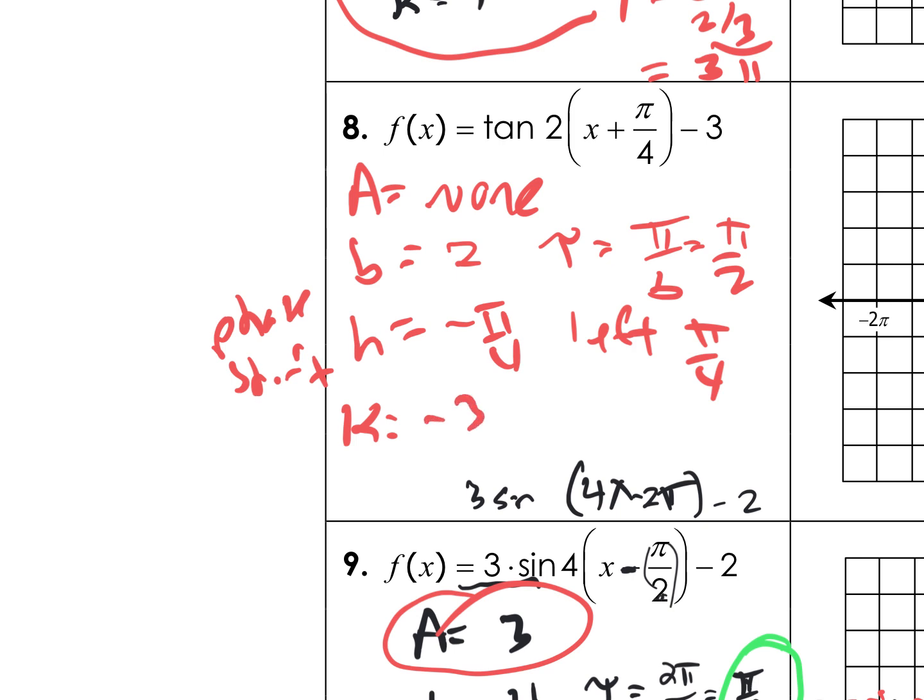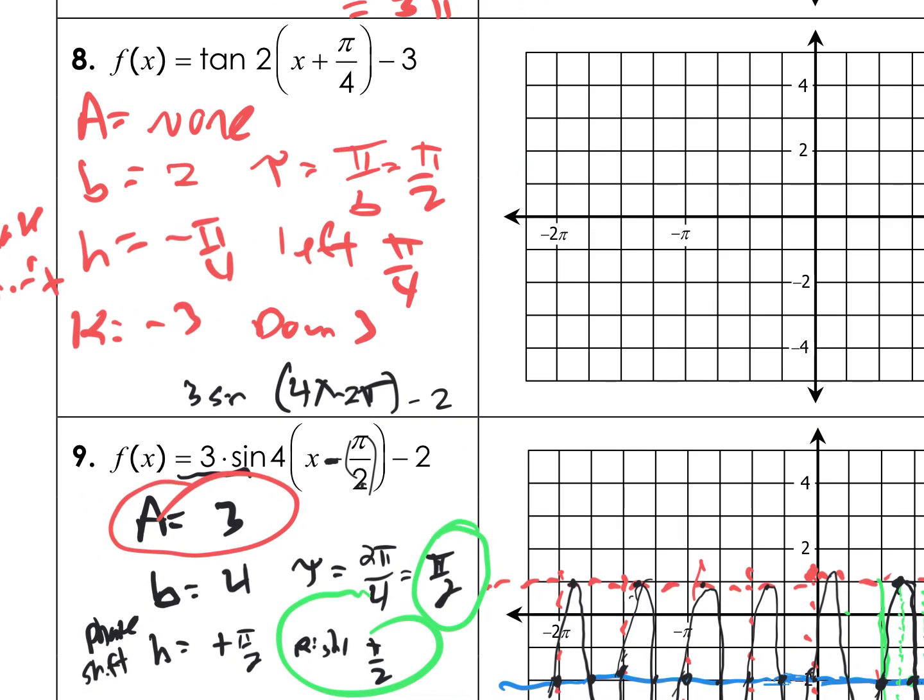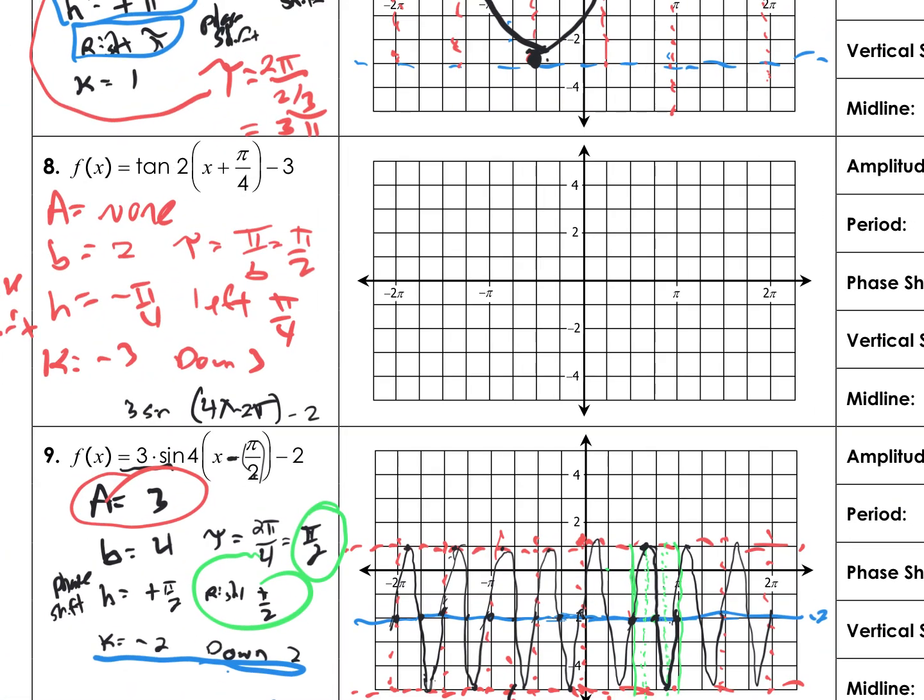Minus 3. What does that mean? Down 3. Let me handle that first. Down 3 is my midline. 1, 2, 3. There's my midline.